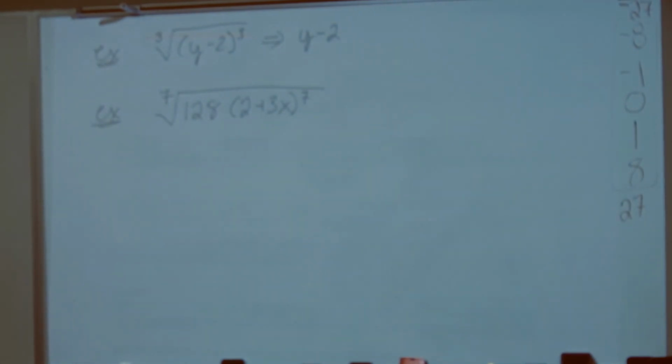There is only one number that gets to 128 when you multiply it. Notice 128 is even. There's only one number that when you multiply it 7 times gives you this low number of 128. 7 times 2 is 14, 14 is 28, so it would be 2.